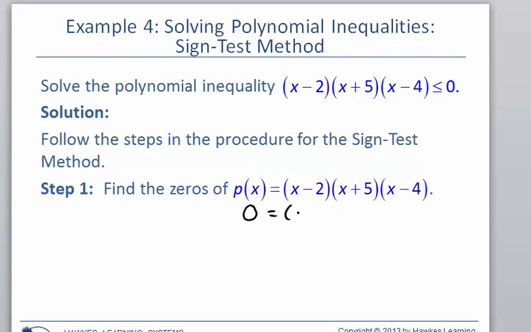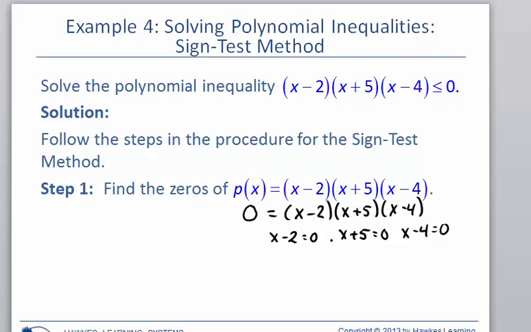So we have 0 is equal to x minus 2 times x plus 5 times x minus 4. We're going to set each of these factors equal to 0 and solve: x minus 2 is equal to 0, x plus 5 is equal to 0, and x minus 4 is equal to 0.